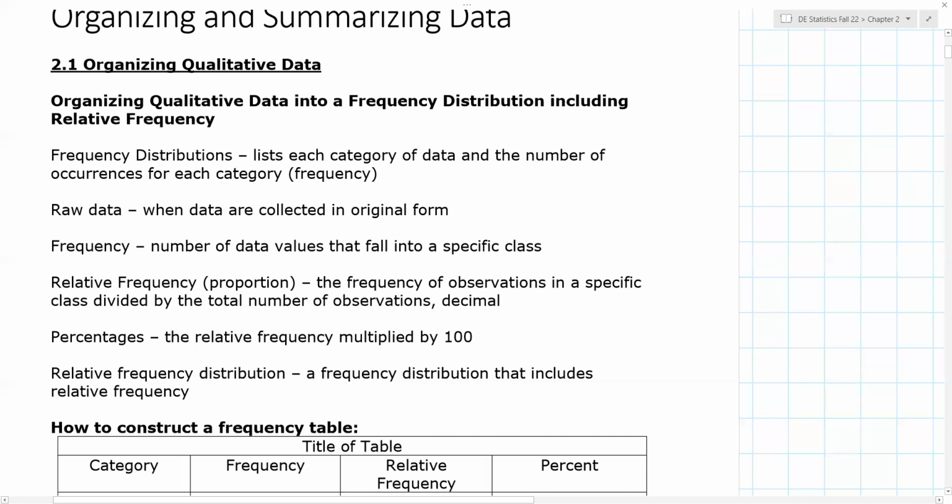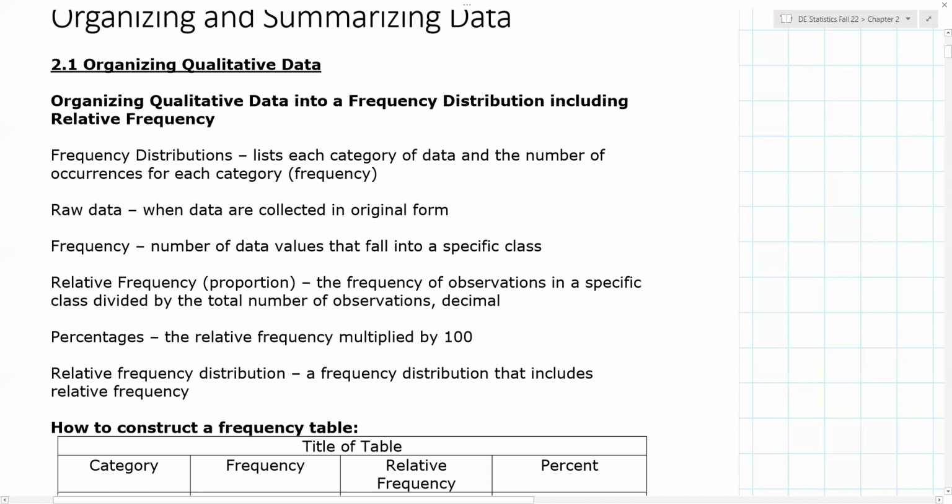Relative frequency is a proportion. It is the number of data points that fall within a category divided by the total number of data points. And then when we deal with relative frequency distribution, we're simply writing down the relative frequency for each category.